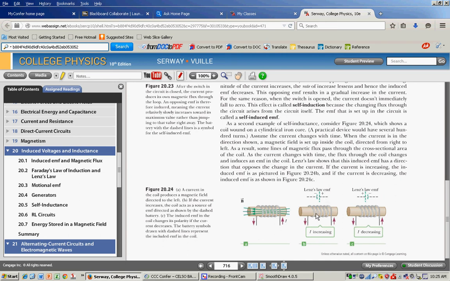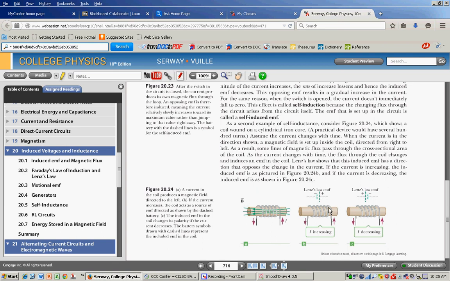Now, if the current increases, it means the magnetic field itself is increasing. And if the magnetic field is increasing, Mother Nature creates an induced field, remember Lenz's law, that attempts to prevent that growth, which means the induced magnetic field is pointing from left to right. And the current responsible for that has to be the other way.